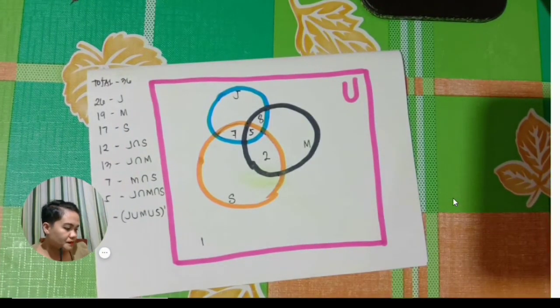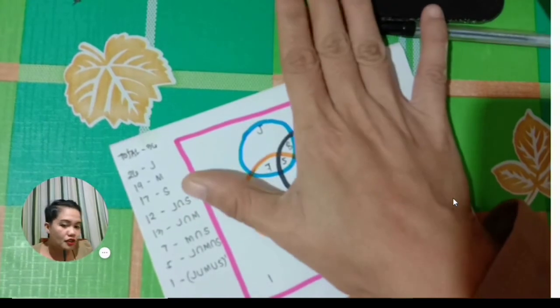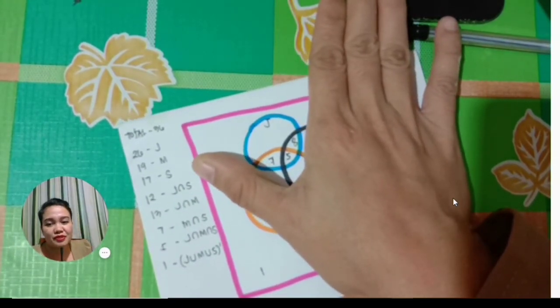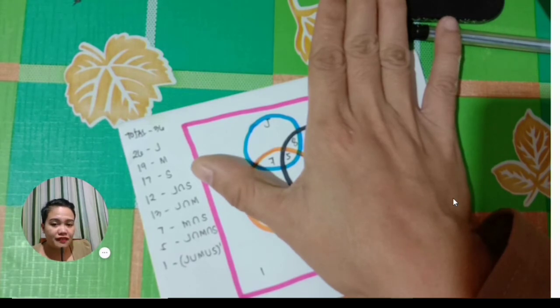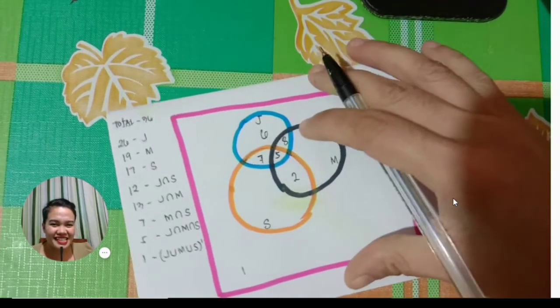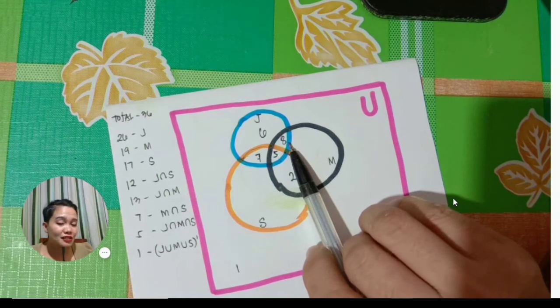So take note that if we deal with the Jollibee part first, we know that 26 of these teenagers went to Jollibee. We already have 7, 5, and 8. In total, that is already 20. So to make that 26, we write 6. 6 plus 7 plus 5 plus 8 is 26.